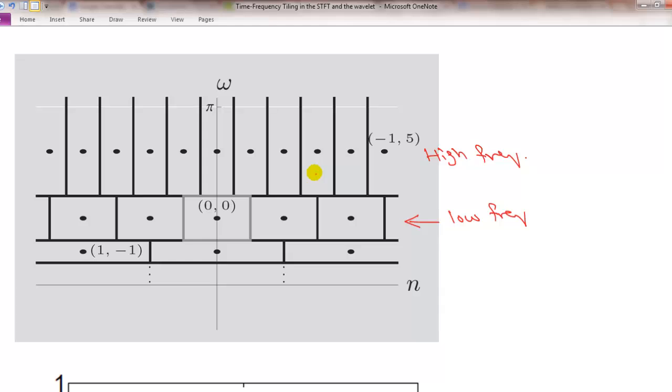And of course, the shapes of these things will change based upon, just like there is something called window in short-time Fourier transform, in wavelets there is something called the mother wavelet, which decides the shape of these tiles. But the main idea is that wavelet transform in general does not give you this uniform tiling of the time frequency plane as opposed to the short-time Fourier transform.